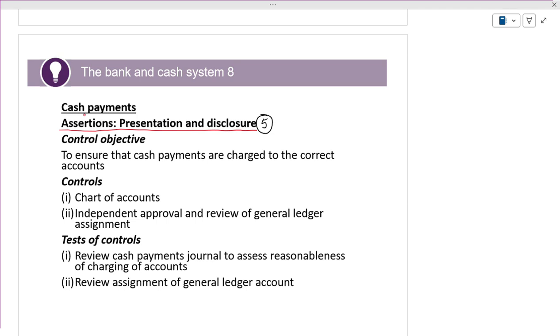But the only thing is, tomorrow in the question, if they ask about payments, what are the payments? You will have the occurrence, the completeness, the accuracy, valuation, and classification, the cutoff, and the presentation and disclosure.